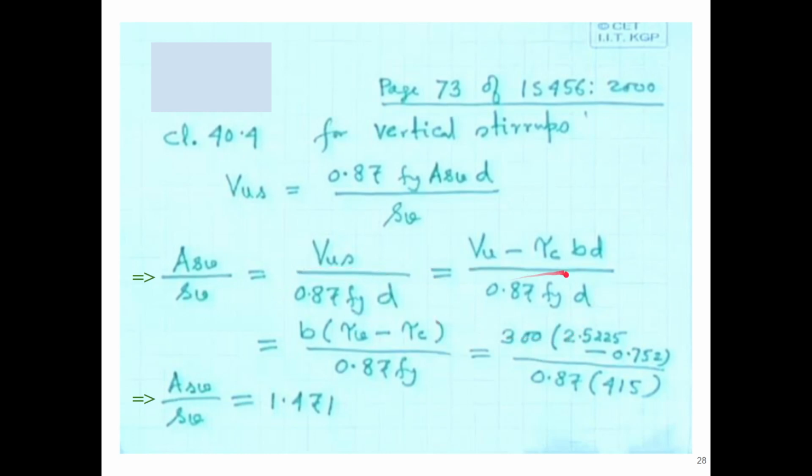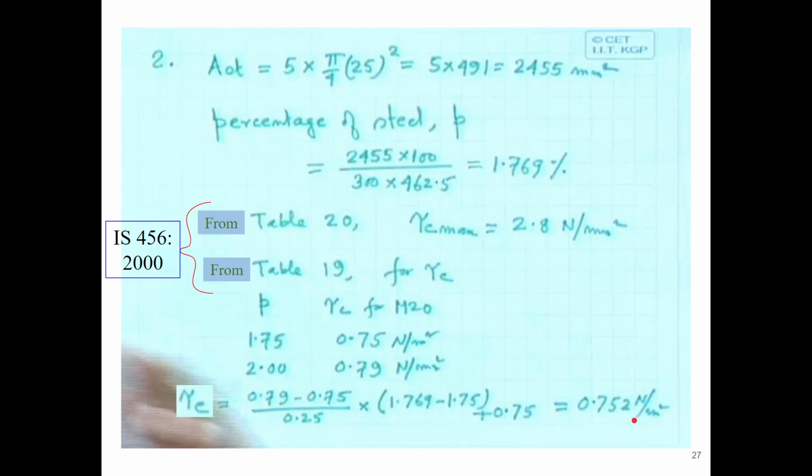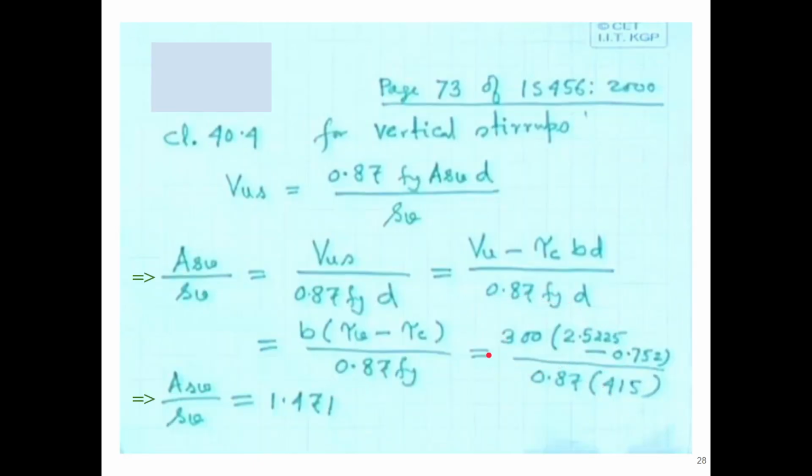Here the tau c value is 0.752, and Vus is tau v into bd minus tau c into bd, so bd gets cancelled: b into (tau v minus tau c) by 0.87 fy. So b is 300 and tau v is 2.5225 minus 0.752 by 0.87 into 415, right? So Asv by Sv equal to 1.471.